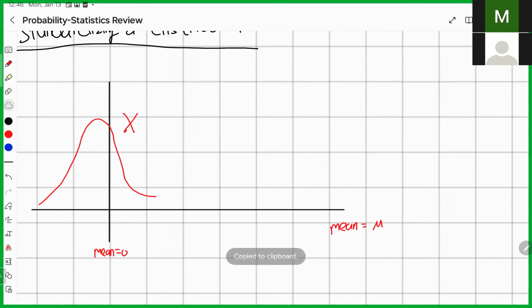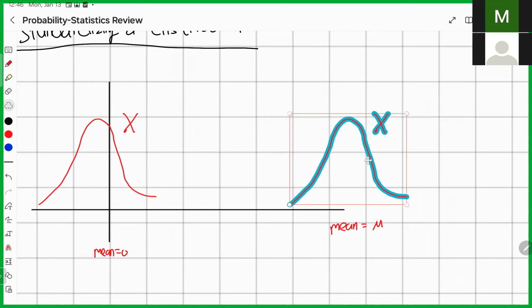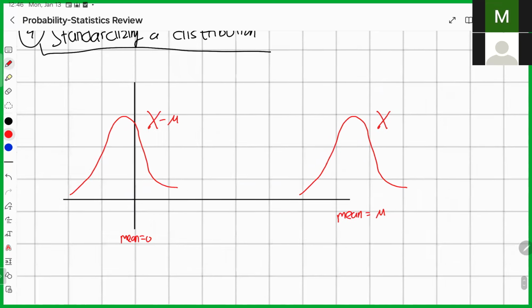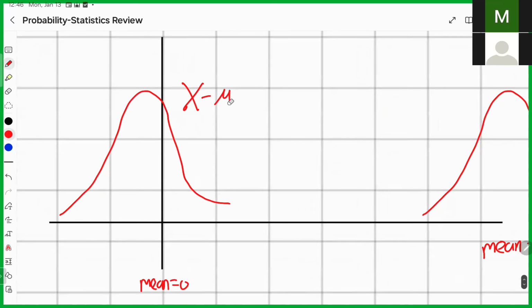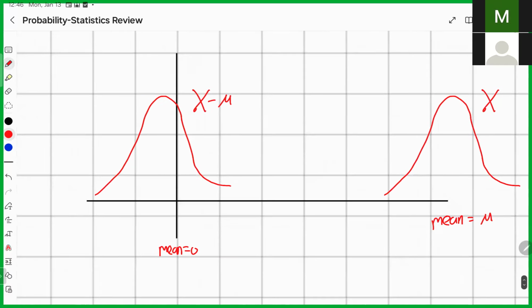we need to subtract the mean from our X, big capital X here.